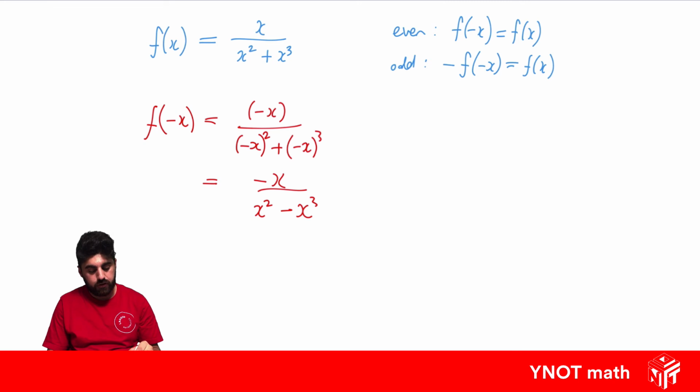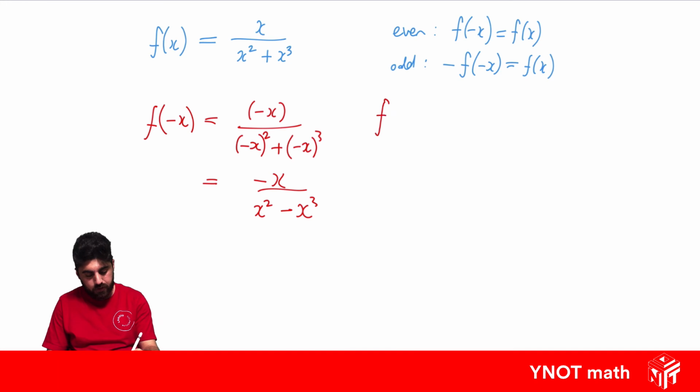And if the power is odd and you've got a negative, it stays negative. And hopefully we can see that f of minus x ends up being this, and it's not equal to our original function, because we've got this being positive and this is negative, and that was positive and that's now negative. So we can definitely say the function is not even, but let's check if it's odd now.